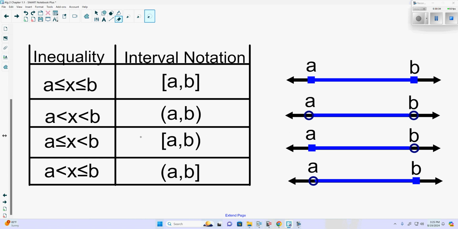A is less than or equal to X is less than B, or A is less than X is less than or equal to B. One endpoint will be included, the other will not. Questions on this here?